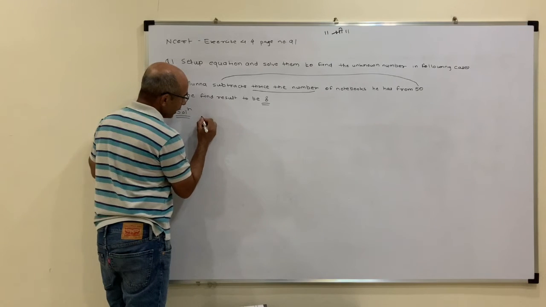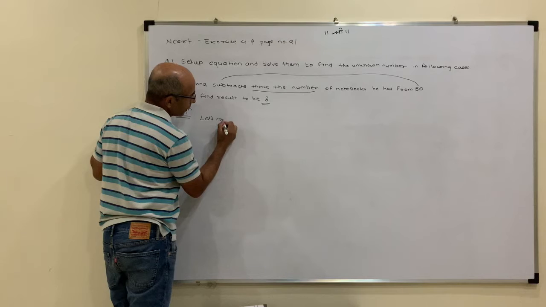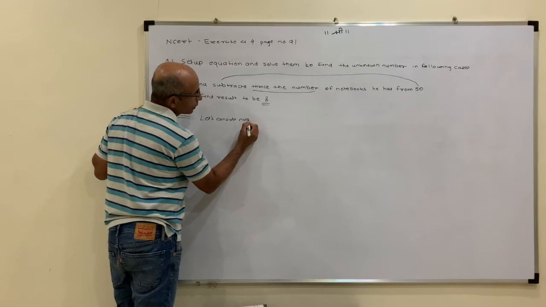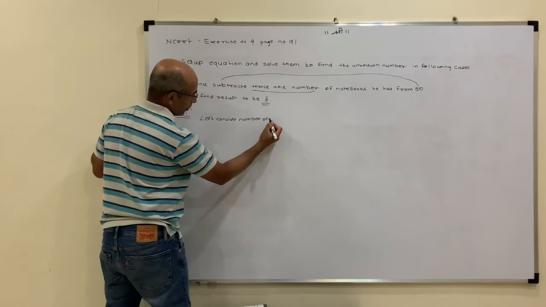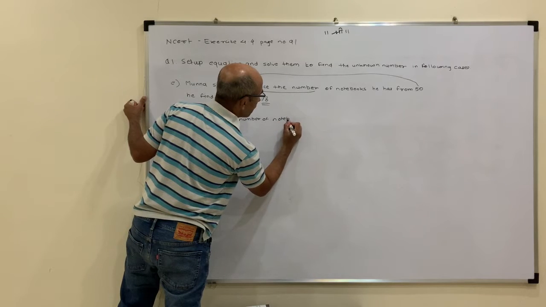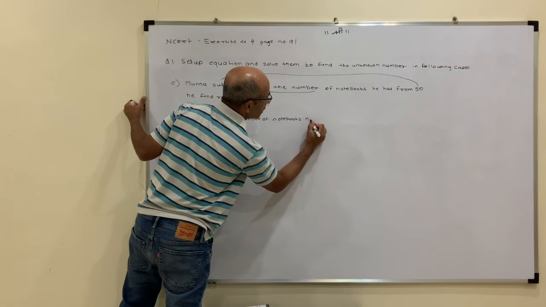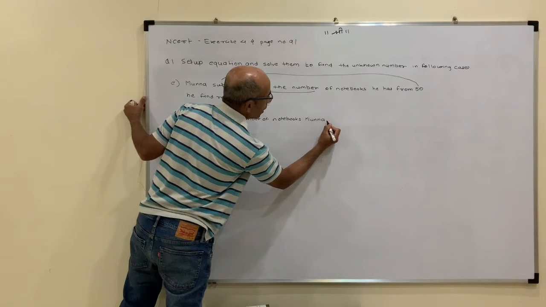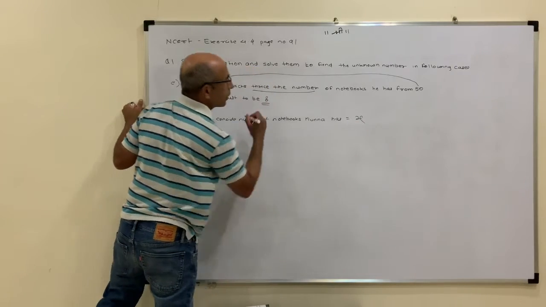So now let's consider the number of notebooks Munna has equals x.